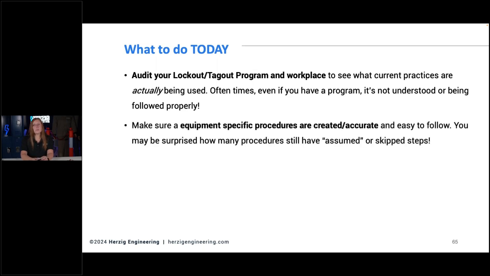And then make sure those equipment specific procedures are actually created and accurate. Again, things change. Don't assume that it all still applies. You might be surprised how many procedures out there still have quote unquote assumed or skipped steps. In other words, well, of course you have to do XYZ before the next piece. No, write it out.